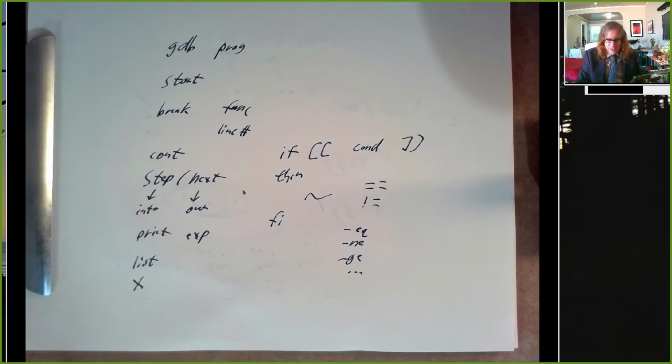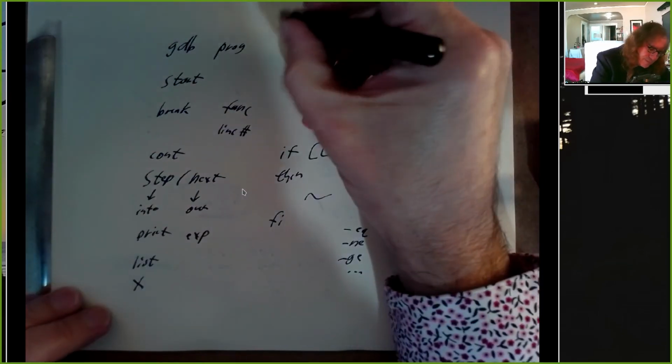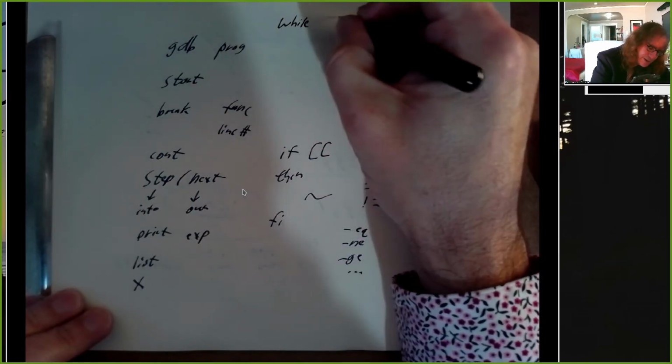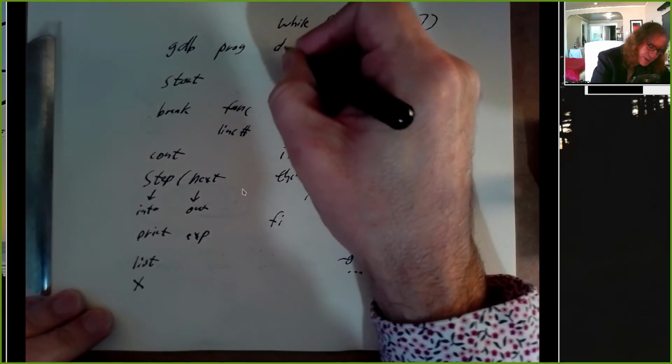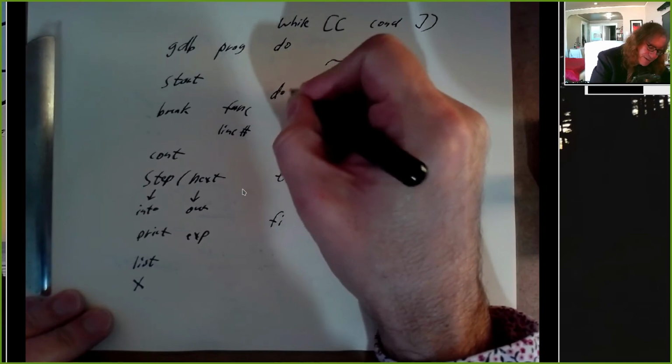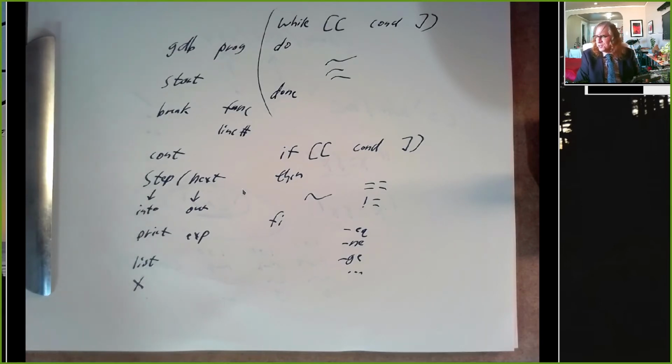Let's see. So if statements, while statements, while space bracket bracket space condition space bracket bracket new line do body of the while loop followed by done. All right. So there's a programming guide that's been posted on Canvas, shows you exactly what the acceptable syntaxes are.